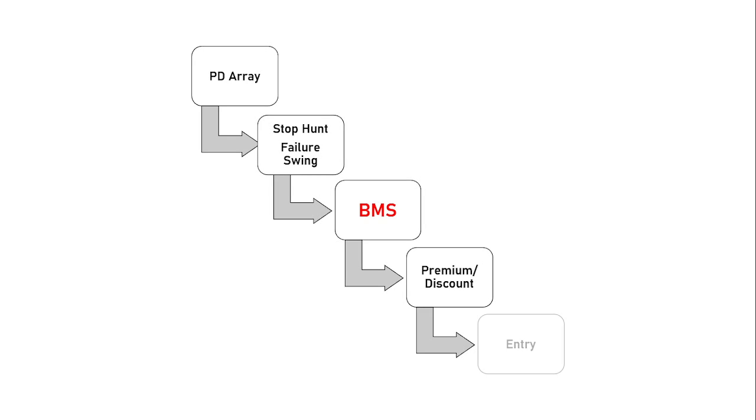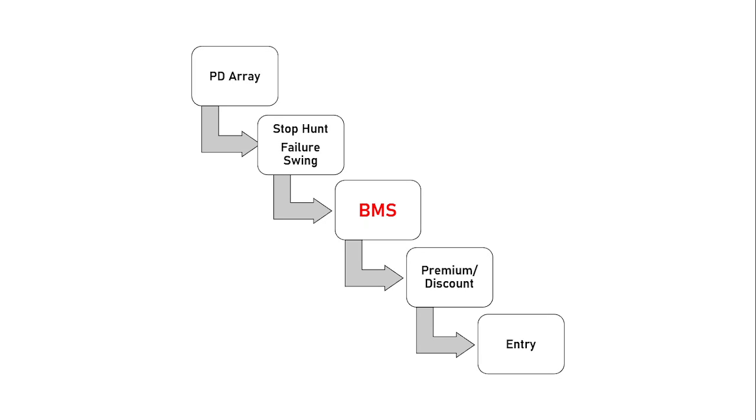Basically, what happened with this model is that we're going to see price trading at a PDRA, which is usually the higher time frame one. We're going to see a reversal pattern forming, either a stop hunt or a failure swing on the intraday time frames.